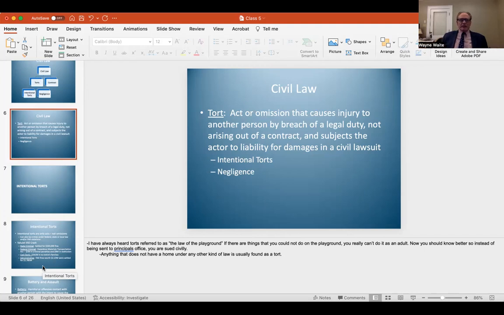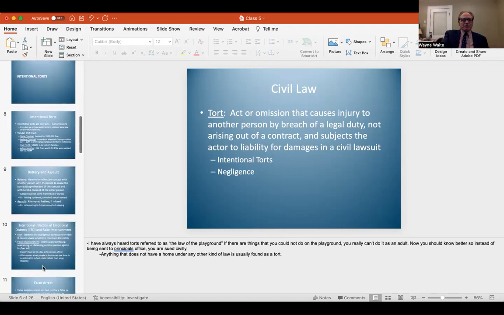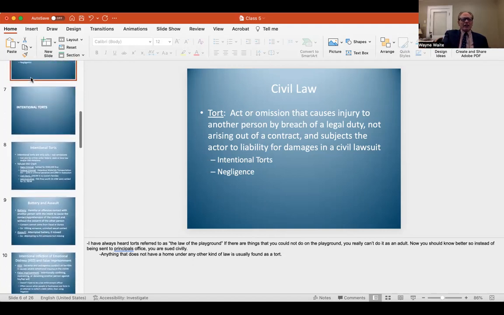And then, as we said, you've got intentional torts and negligent torts. Anything that doesn't have a home under any type of category is probably going to be referred to as a tort.